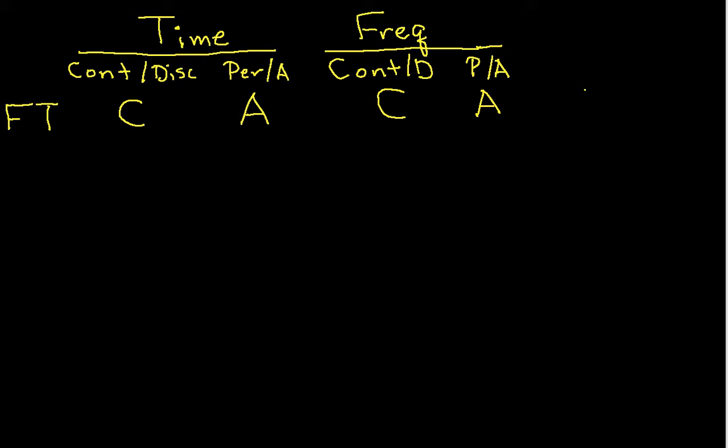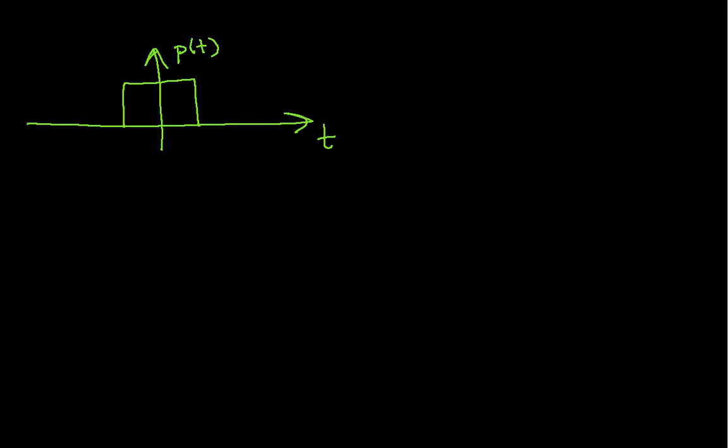So if I draw what this might look like, if I have a time signal here, suppose it's a rectangular pulse. This is actually used often enough that you see it quite a bit. In the time domain, I have a rectangular pulse that looks like this. In the frequency domain, I have what's called a sinc function that looks something like this.